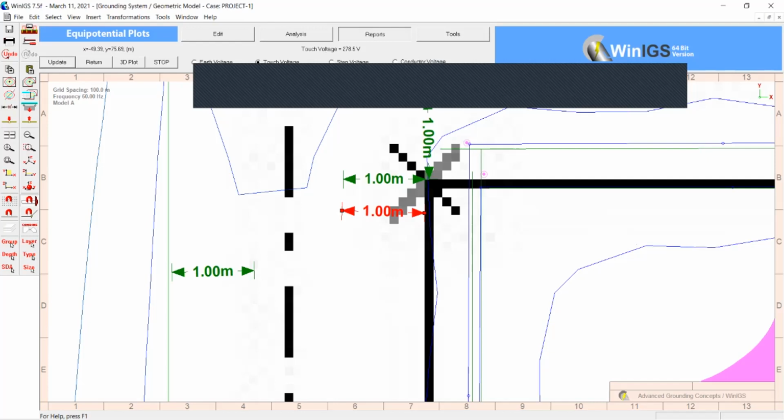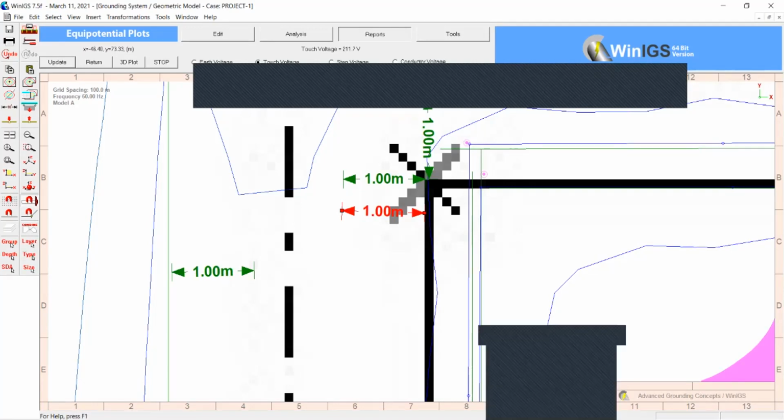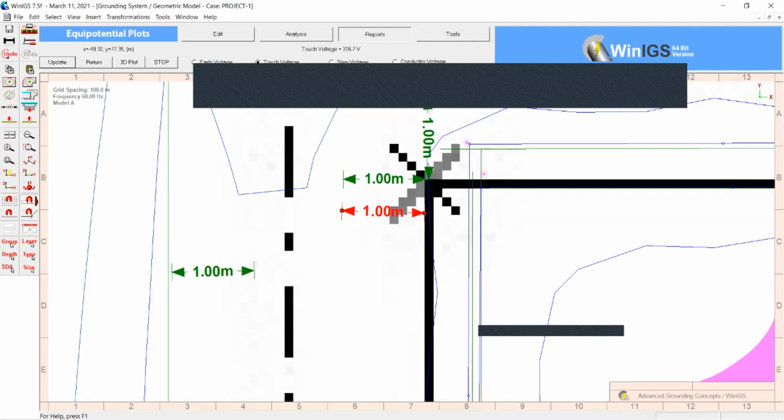So this is our touch voltage here. Now if you move this distance and move somewhere else, your voltage will be different. So these are the 10 different points you have to select surrounding your substation, and the number you get from there will be the touch voltage, and that you have to include in your report.